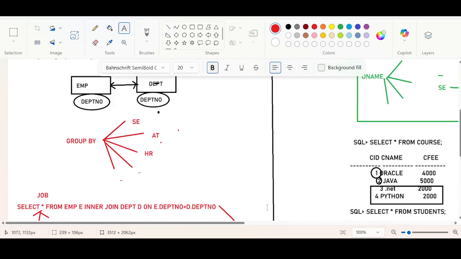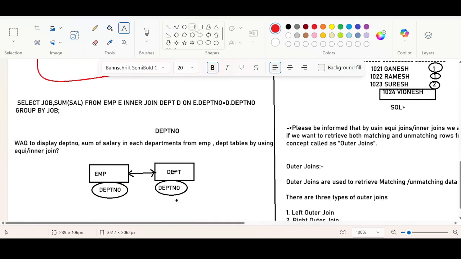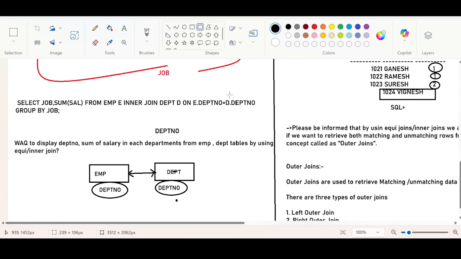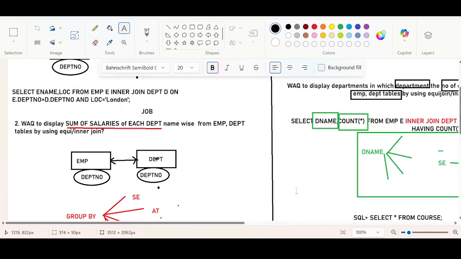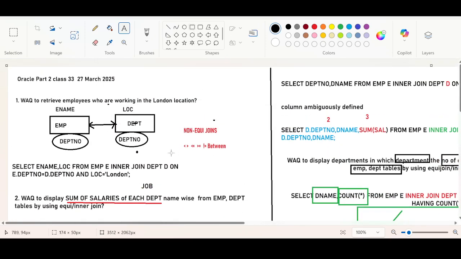Why? Because for equi joins, you are able to use only the equal to operator. Everywhere you are using the equal to operator to join two tables. But for non-equi joins, apart from the equal to operator, you are allowed to use the remaining operators. That will also be very interesting. Okay, let's connect tomorrow. Thank you.